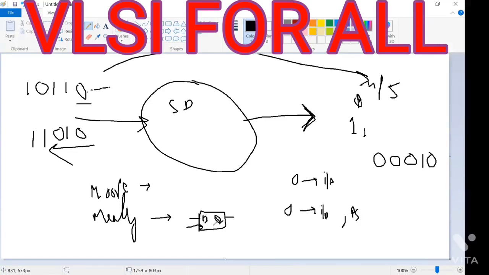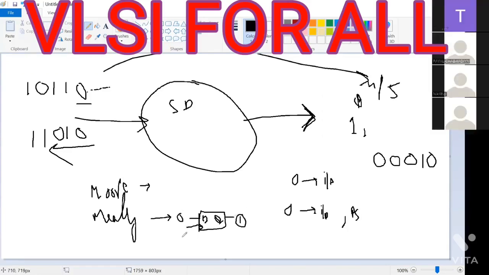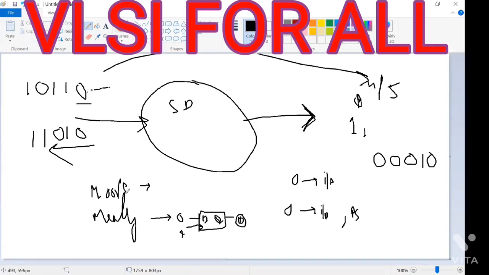Let's say this flop is storing a value 1. Now if you give some input 0 and pulse the clock, this 1 will become 0. So this is storing information, and if you change the input, then the output will also try to change based on the input. So this is a Moore machine.